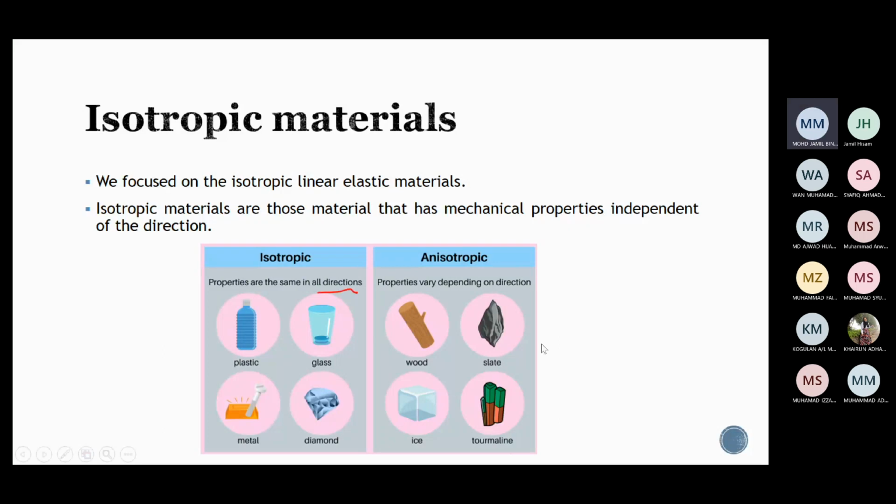For example, if you have wood, or your table, if you can see on your table, the wood has some kind of wood grain. The wood grain is going in one certain direction, just like in this figure.